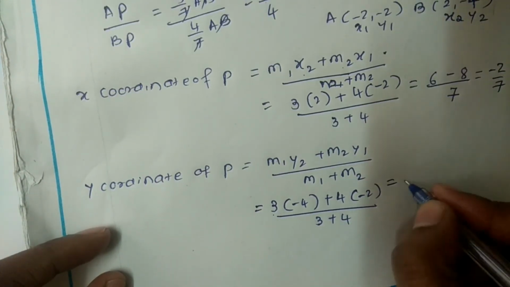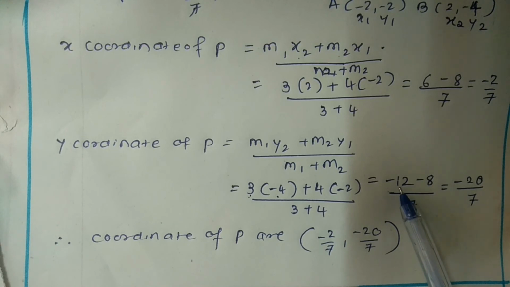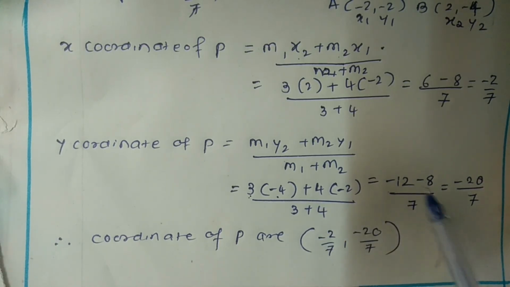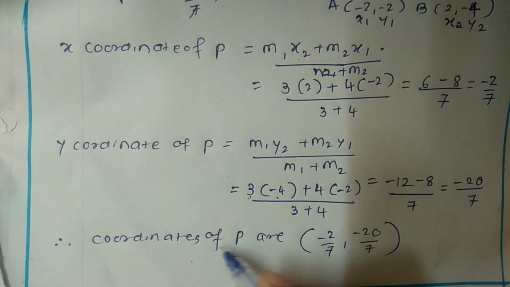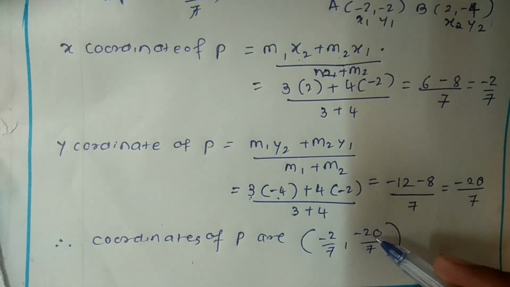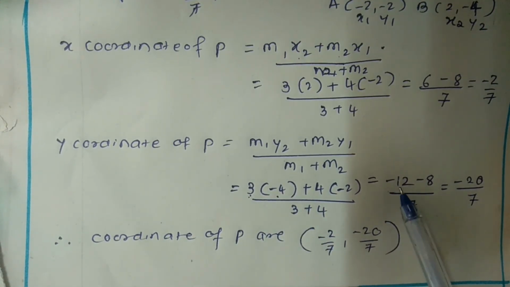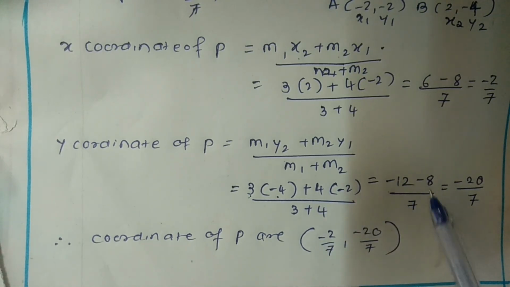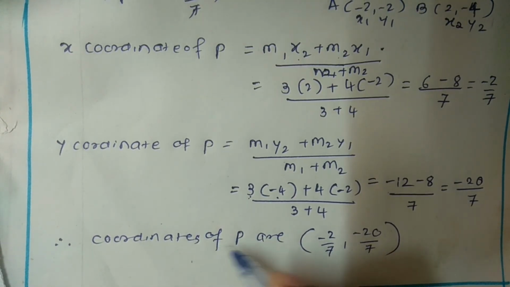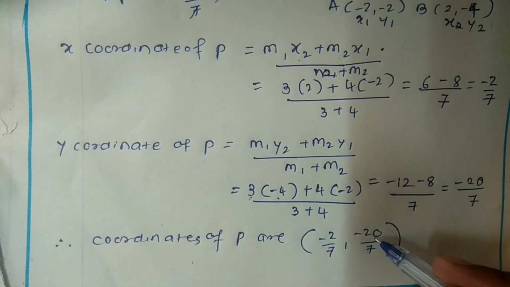So 3 4s are 12, minus 12, and 4 2s are 8, plus minus is minus, so minus 20 by 7. So the coordinates of point P are: the x coordinate first, minus 2 by 7, and the y coordinate, minus 20 by 7.